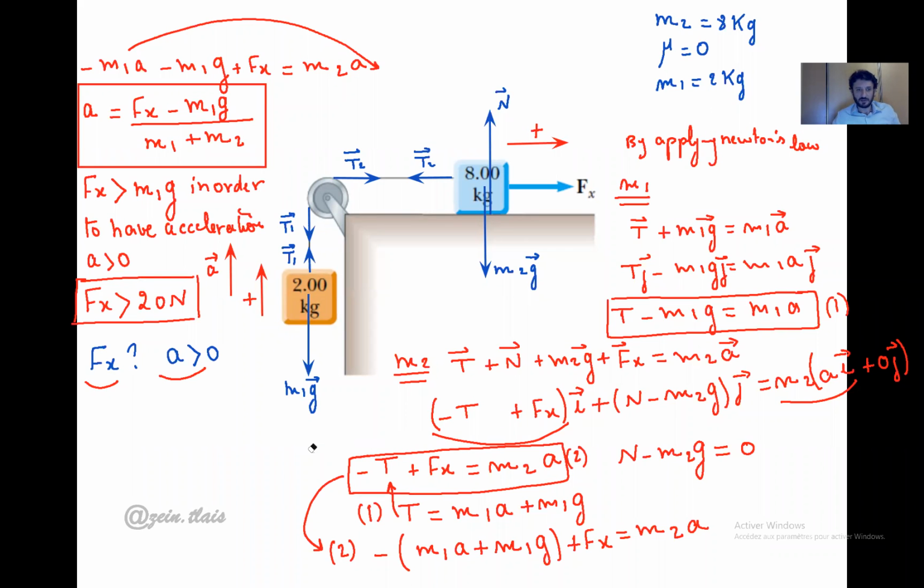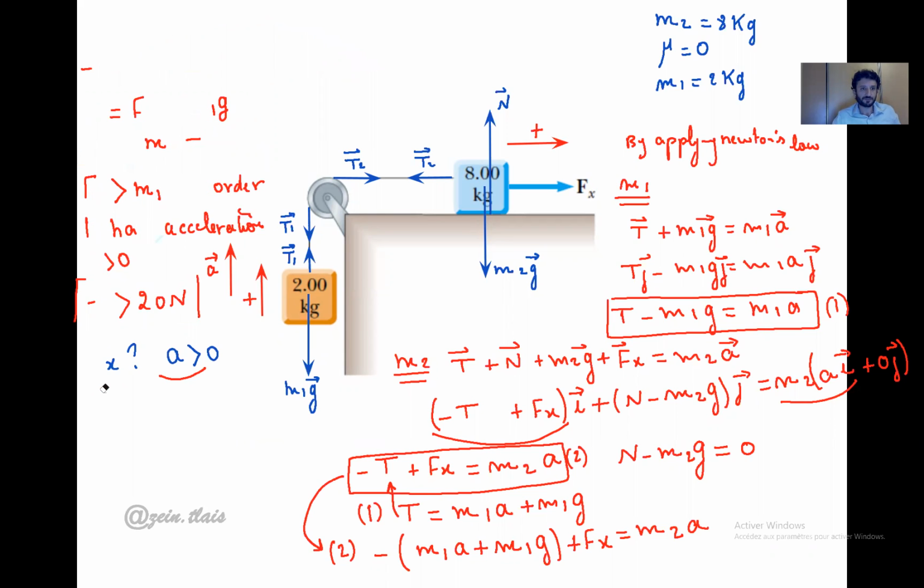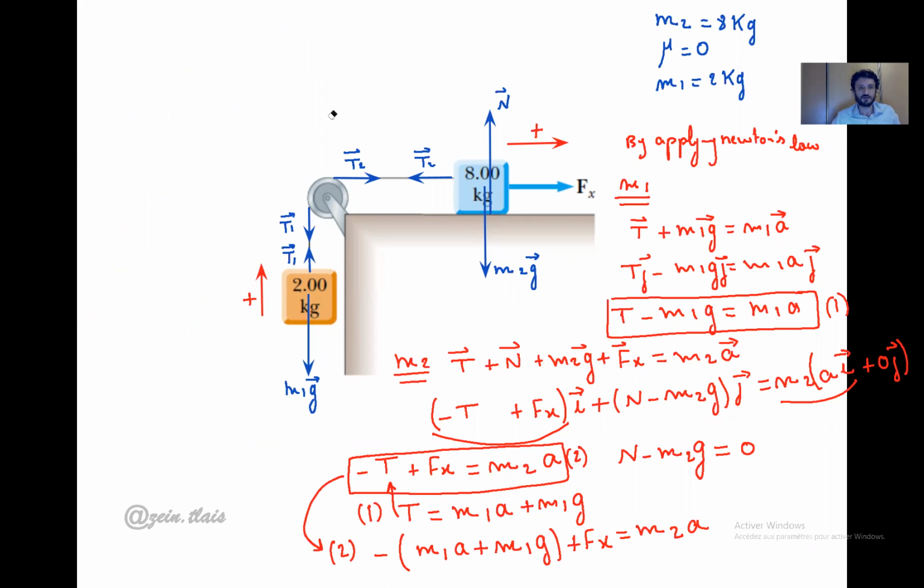We can come back here. We have to solve. So I want to calculate the values of fx in order to have t equal to 0.